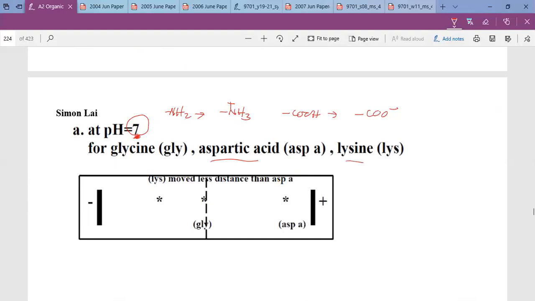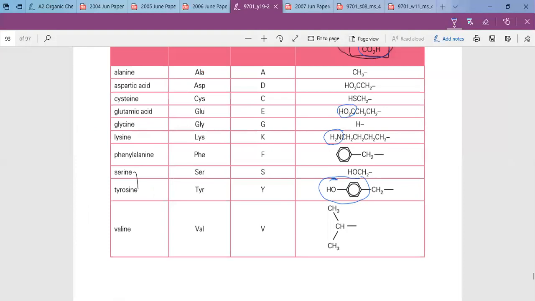Now to know what they are, let's see here. Aspartic acid.